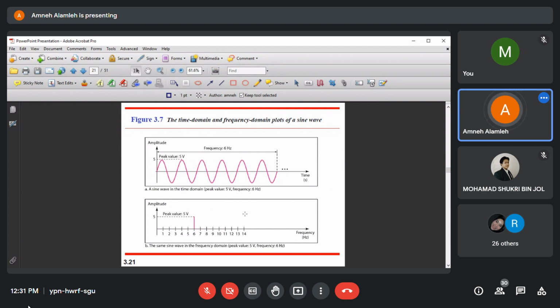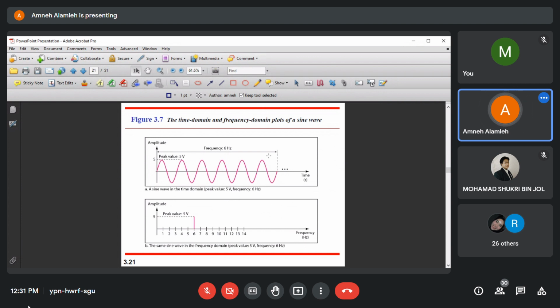Let's learn more about the signal domain. We have the time domain and frequency domain plots of a sine wave. The sine wave can be represented in the time domain and also in the frequency domain. From the beginning, we learned how it can be plotted in the time domain.